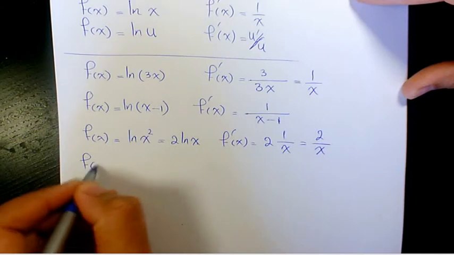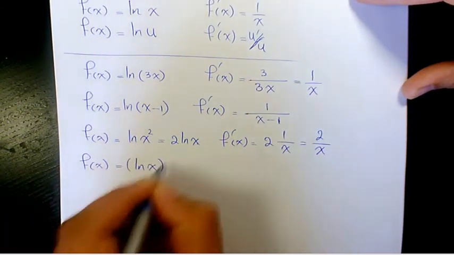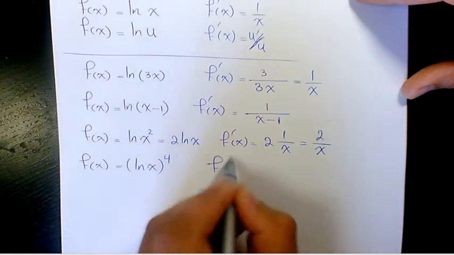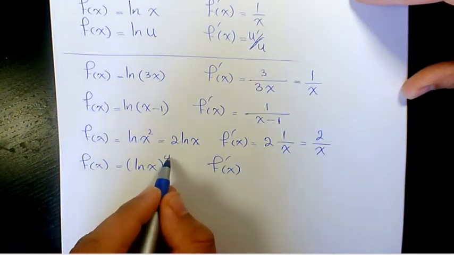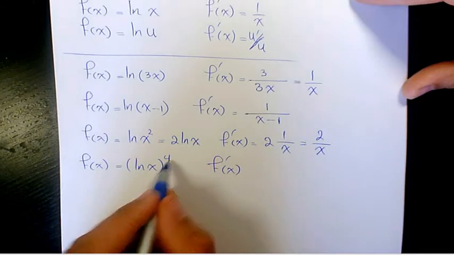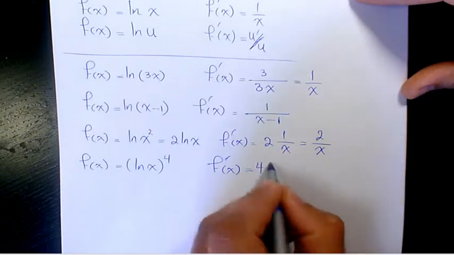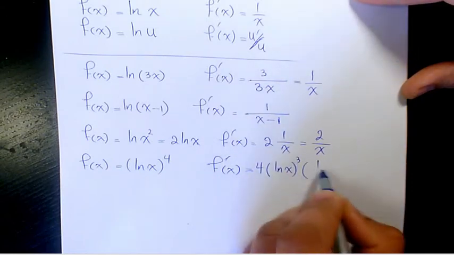Next example, ln of x to the power of 4. What is the f prime? We can say ln of x to the power of 4, we can write it as 4 times ln x to the power of 3 times 1 over x.